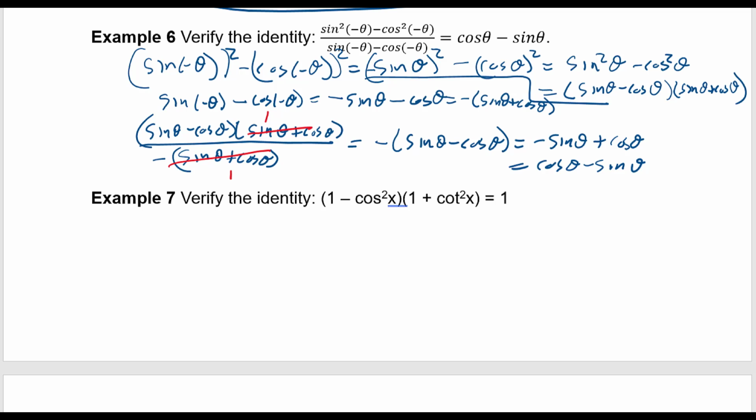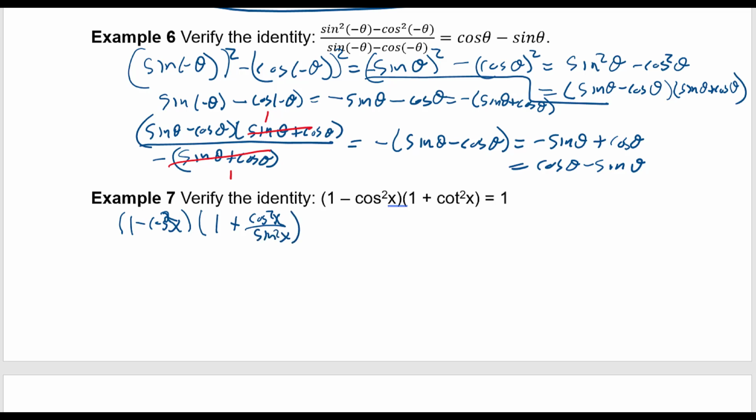So we have 1 minus cosine squared x times 1 plus cotangent squared x equals 1. Okay, so if we think about the cotangent squared as cosine squared over sine squared, we have our 1 minus cosine squared x times 1 plus cosine squared x over sine squared x.